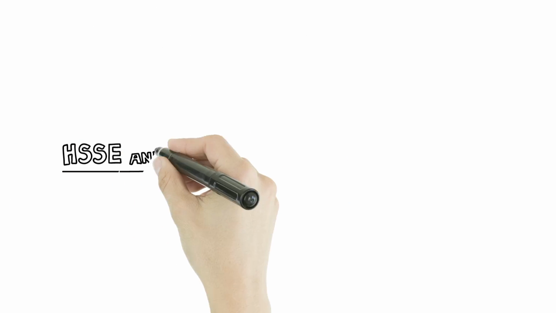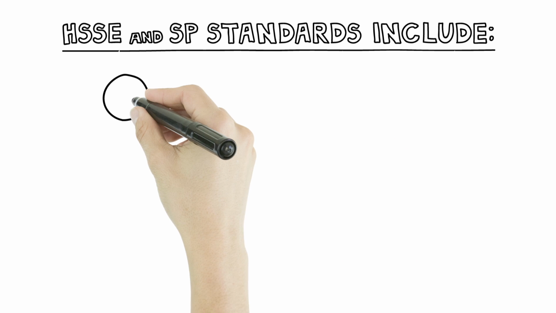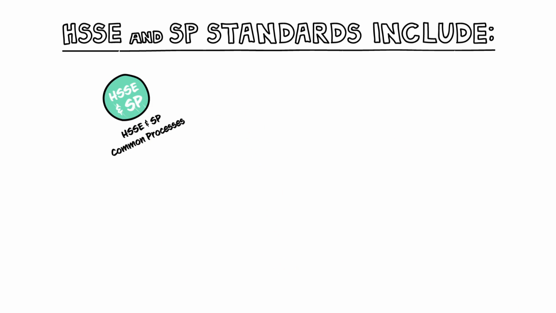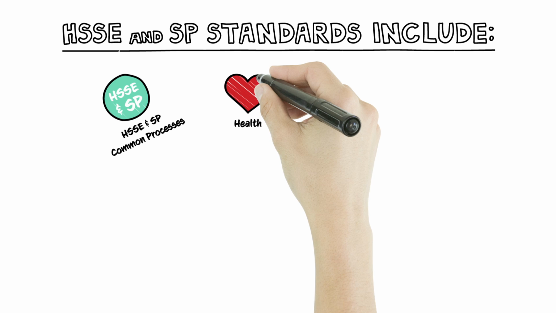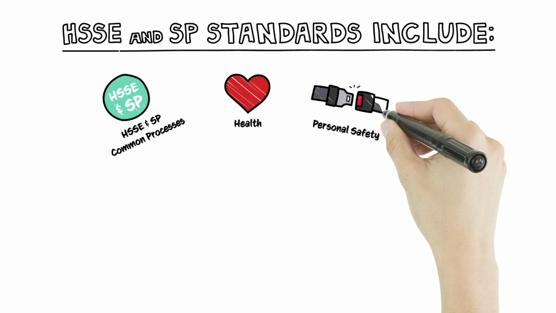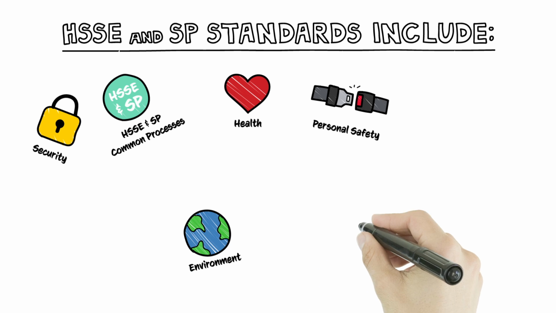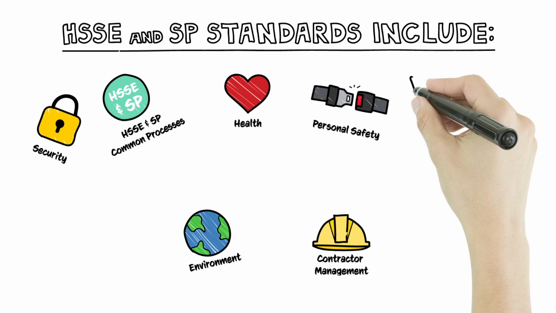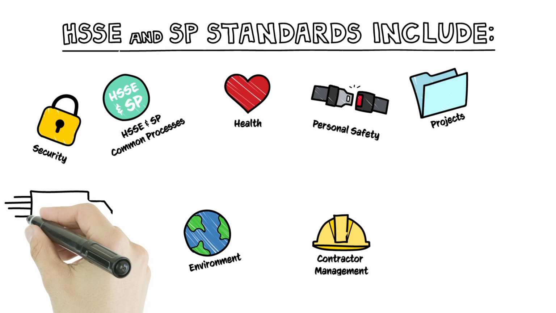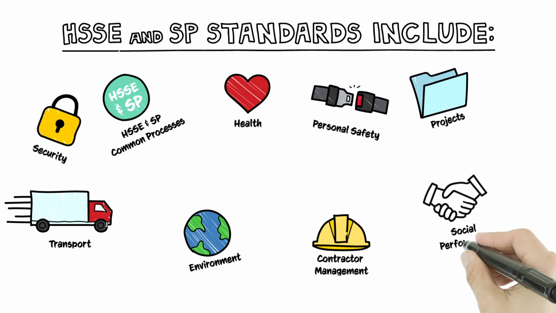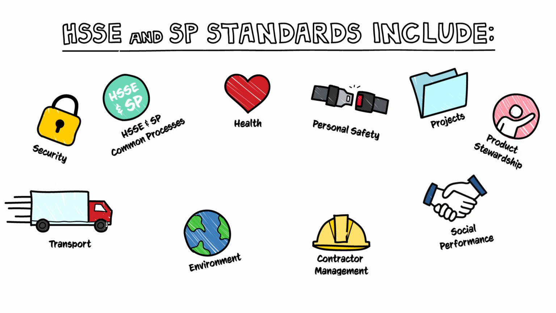HSSE and SP standards, or mandatory rules, associated with the HSSE and SP control framework include HSSE and SP common processes, health, personal safety, security, environment, contractor management, projects, transport, social performance, product stewardship.